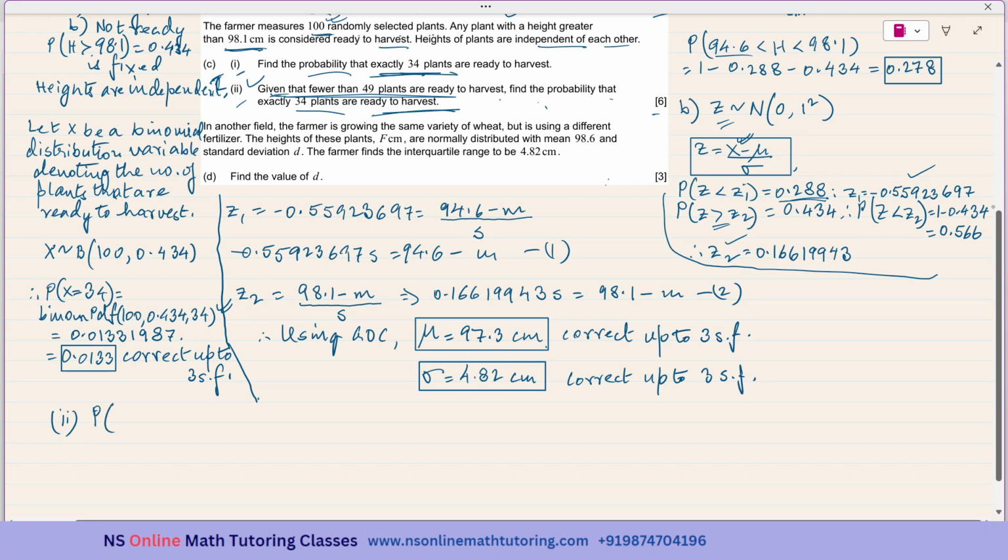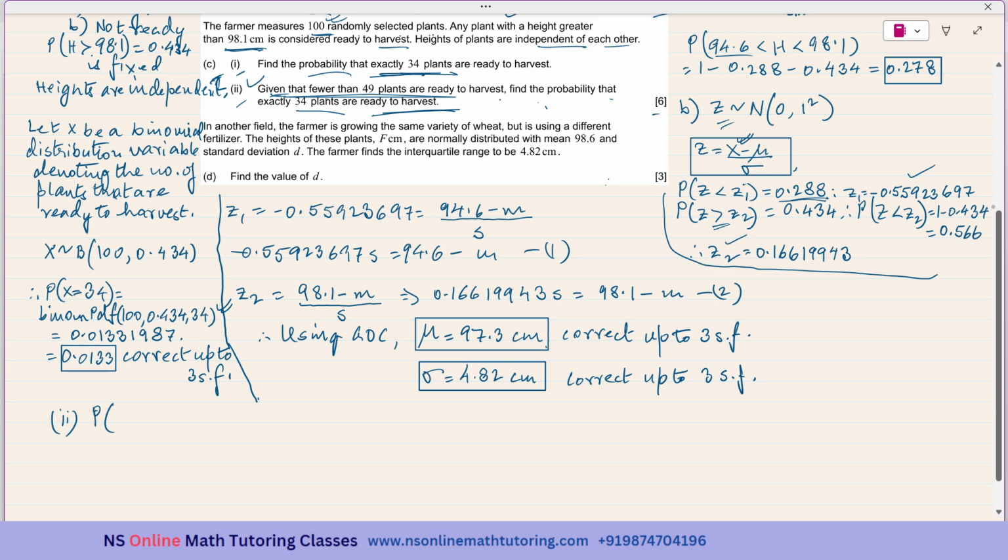It is the probability that fewer than 49 plants are ready to harvest. This is the condition given. Find the probability that exactly 34 plants are ready to harvest, because 34 is of course less than 49.